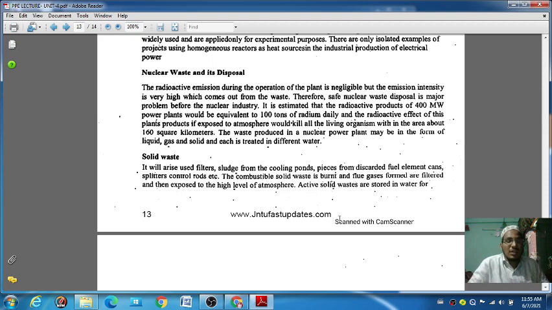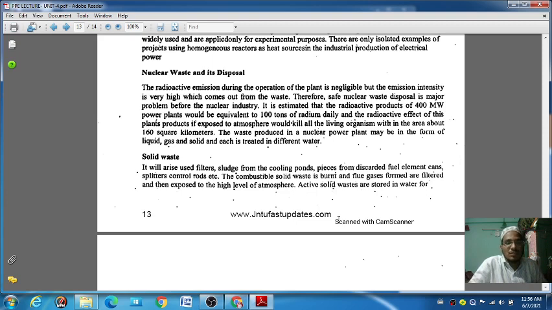Around the 160 square kilometers the radioactive emission will spread, which means it will be dangerous and would kill all living organisms in that area.